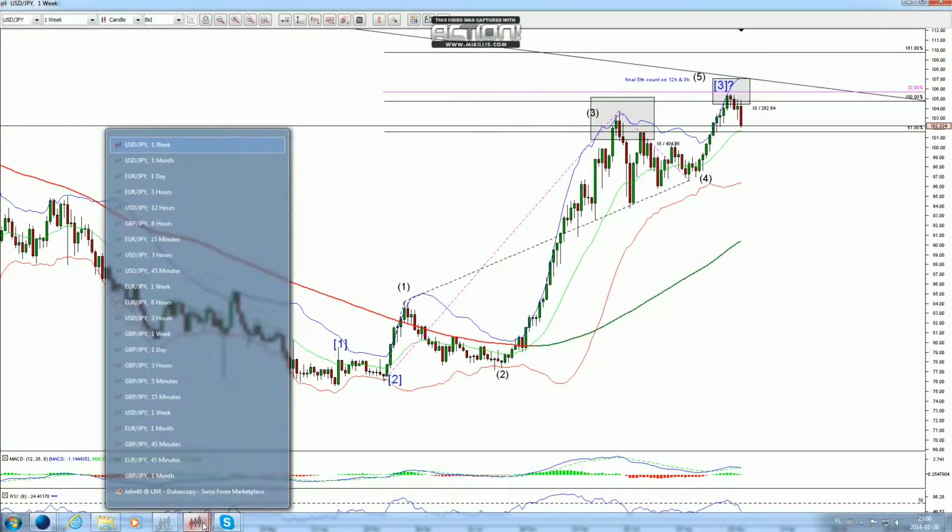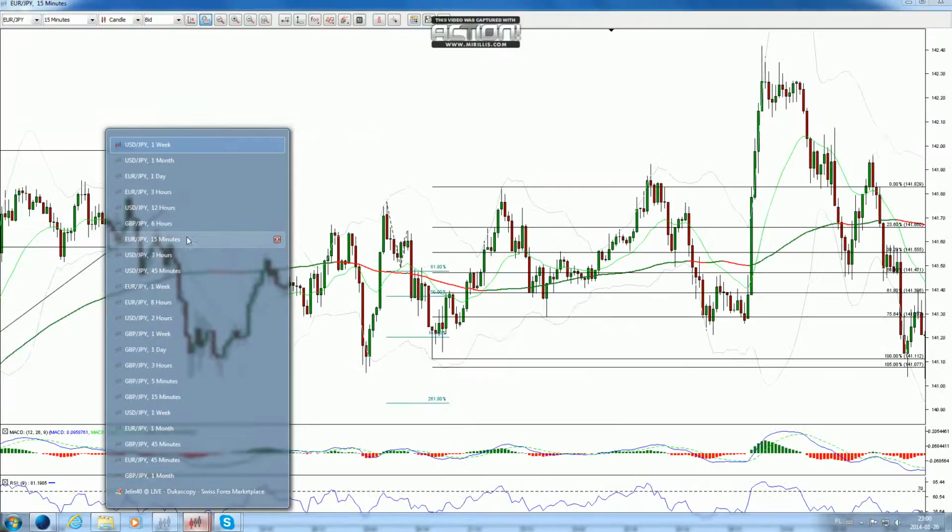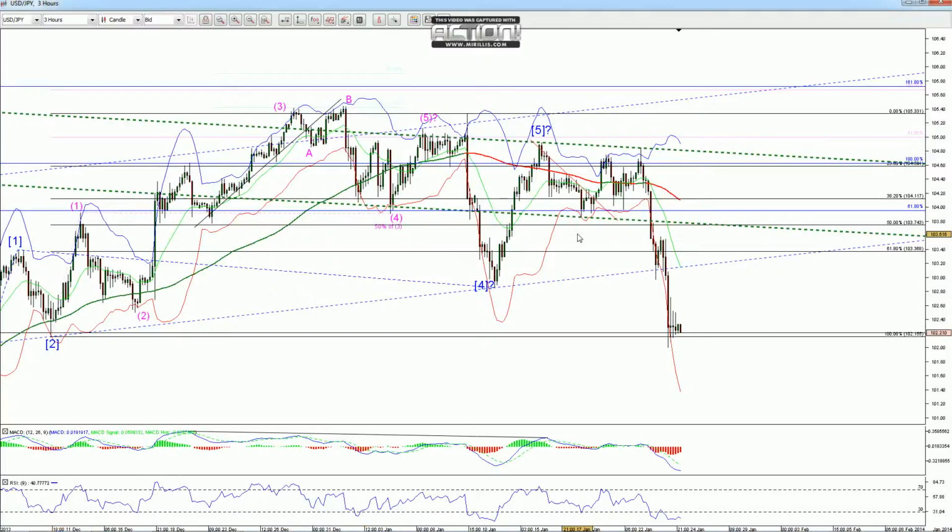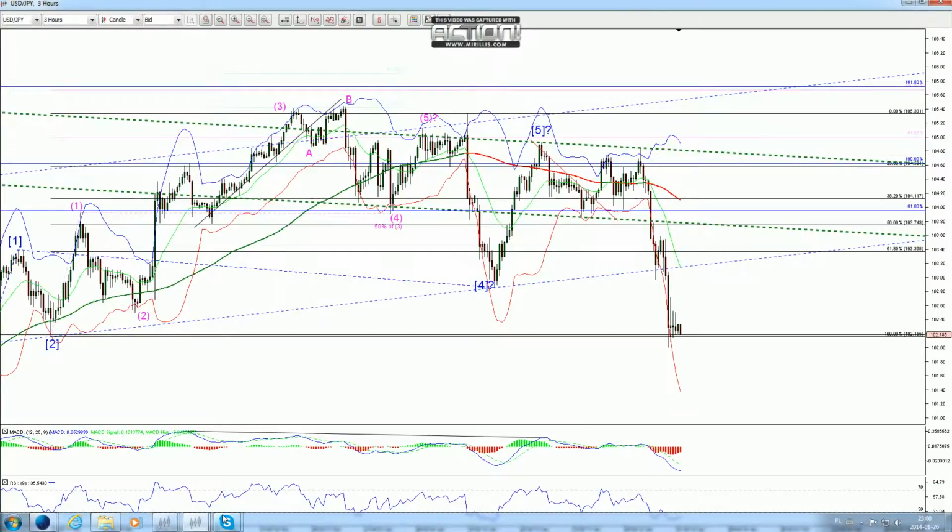And in a few last analyses, I was talking about the development on the 3 hours chart, and this is the 3 hours chart. But in my opinion, the market finished the blue 5 and started a new corrective structure, and the 5 wave impulse to the downside may finish very, very soon.